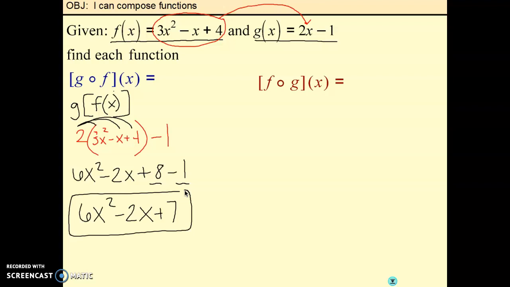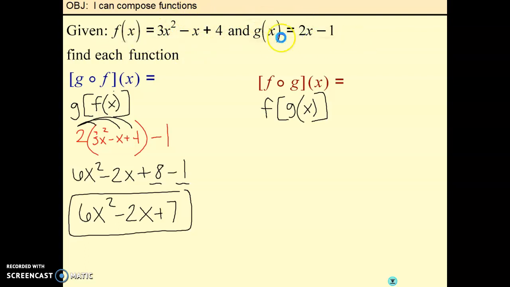What about instead if we do f of g of x? That's going to be the fun direction. See if you understand why. Do you know what we're plugging in where? Here's why.